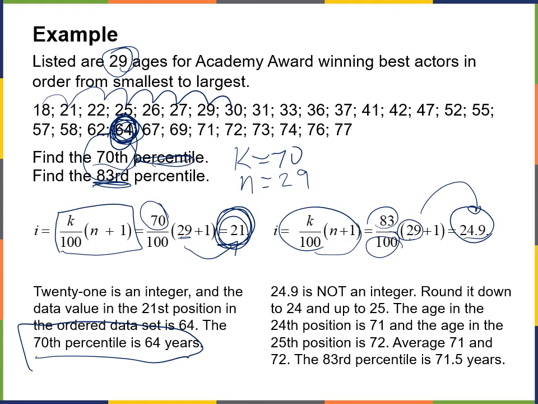What we're going to do is round this number down, to 24. We're also going to round it up, and we're going to get 25. So we have 24, and we have 25.